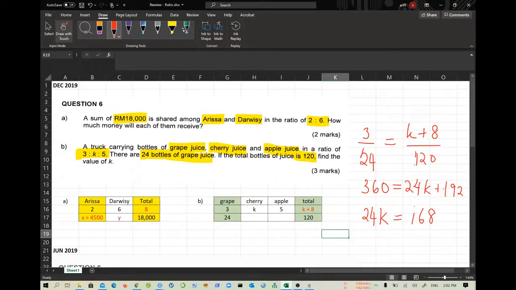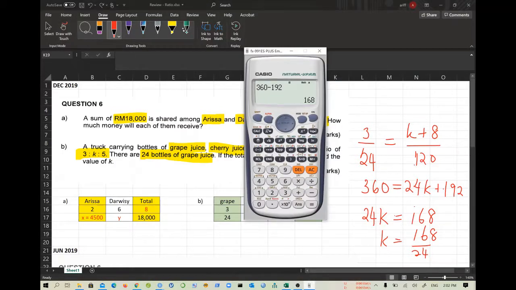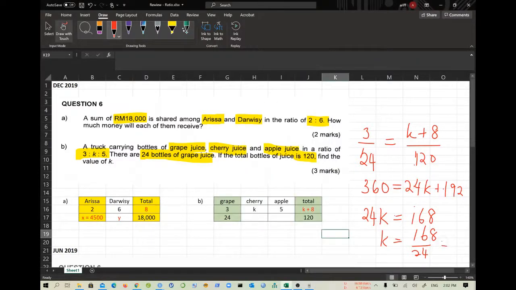So k here is equal to 168 divided by 24, so you get k is equal to 7. So this will give you the answer over here.